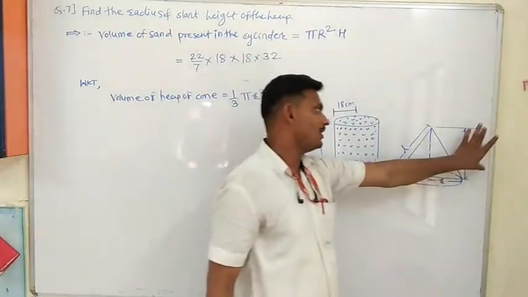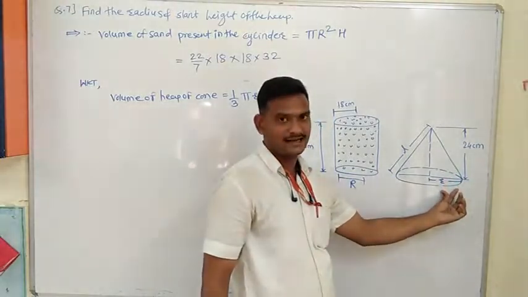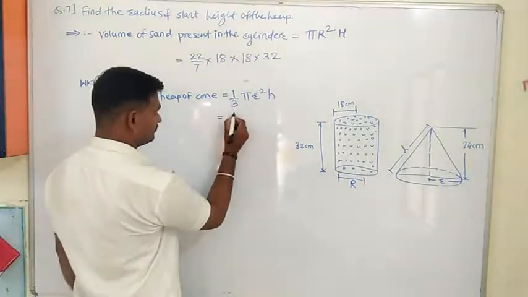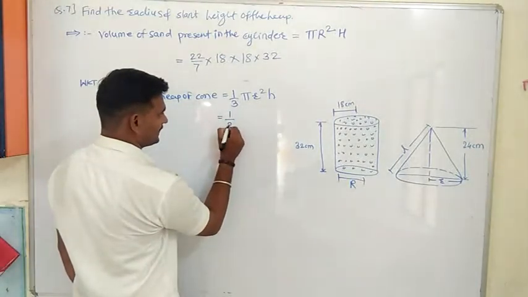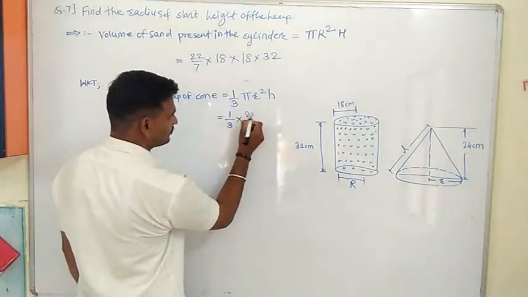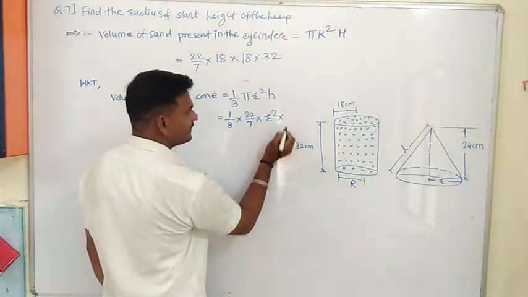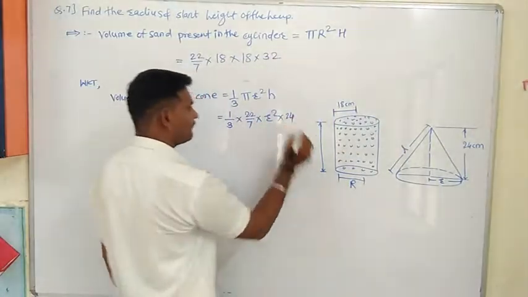I will consider small h as the height and small r as the radius of that cone. That is 1 by 3, pi is 22 by 7, radius we don't know, put as it is, into height 24 centimeter.